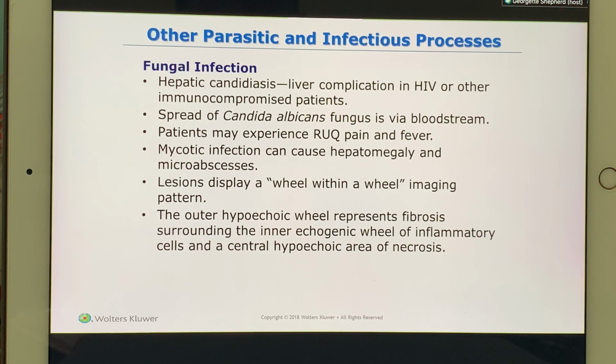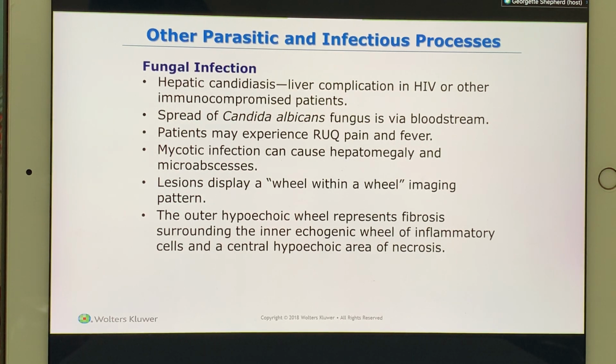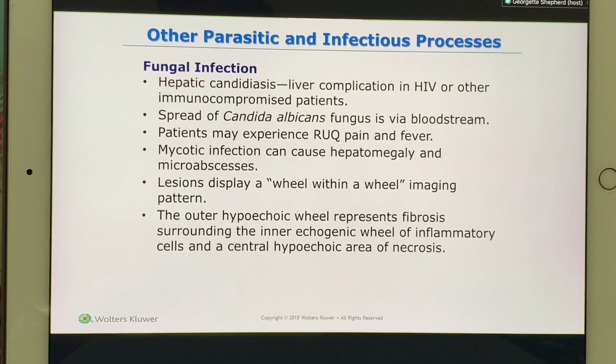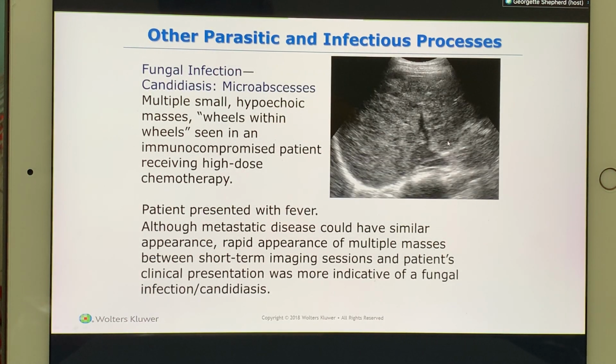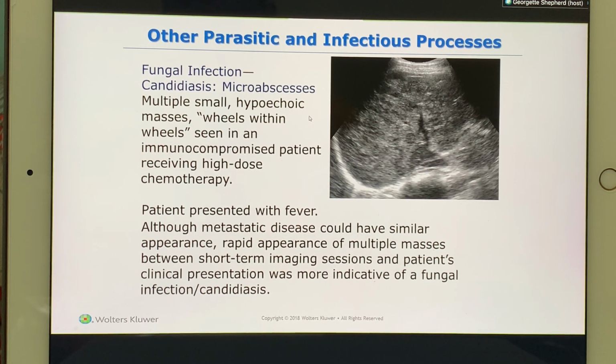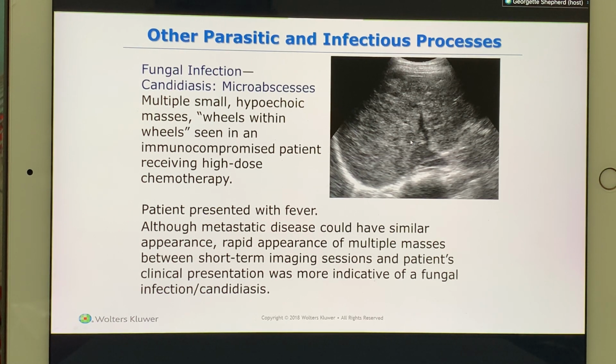Candida is a fungal infection. You have a wheel within a wheel. It is an inflammatory process with a central hypoechoic area of necrosis. Necrosis means that the cells inside of the wheel have died. Here you can see microabscesses, where you have multiple small wheels within wheels.